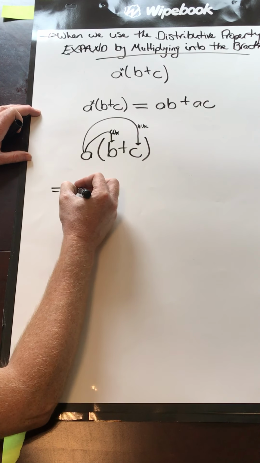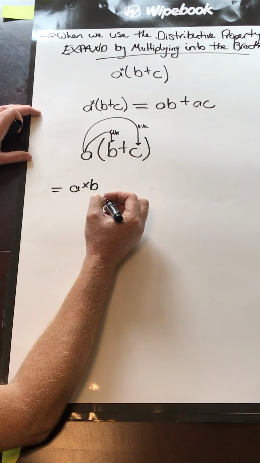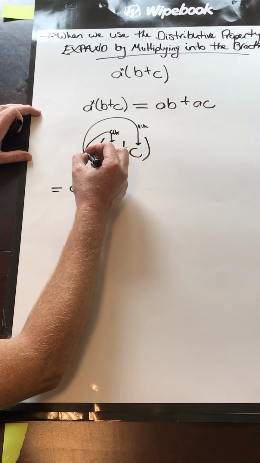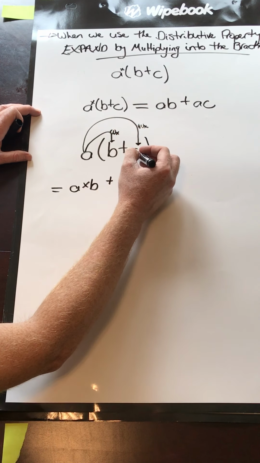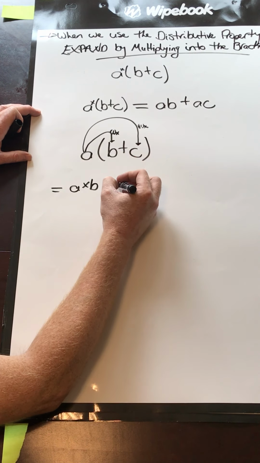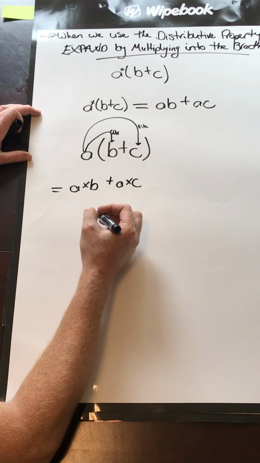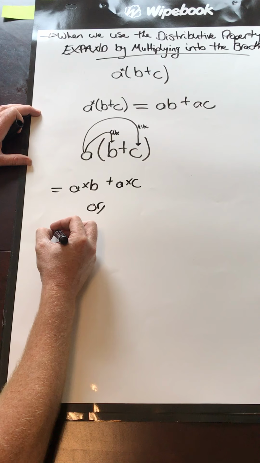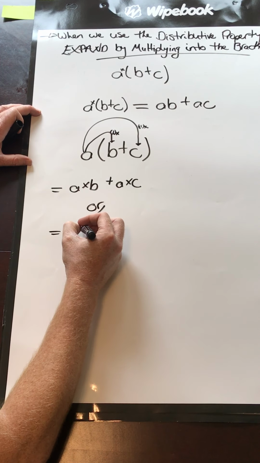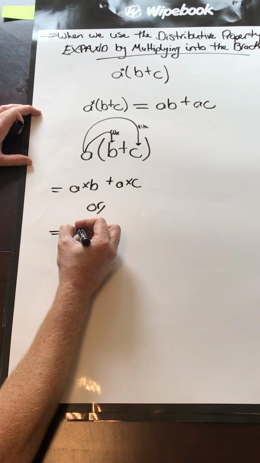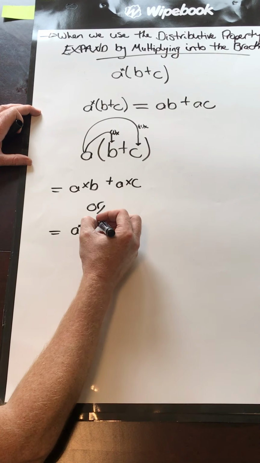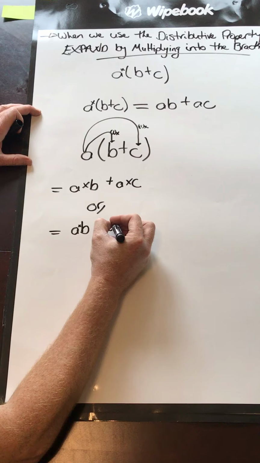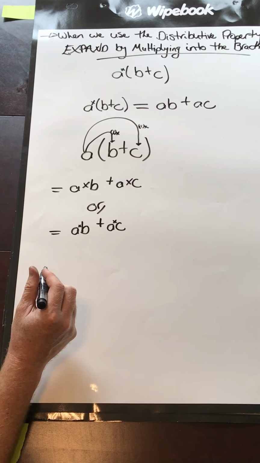We get A times B. And then we take the A and we multiply into the bracket again, and we times it by the C. So we have A times C. Or we can change that to be equal to AB with that itty bitty multiplication in there plus AC with the itty bitty multiplication in there.